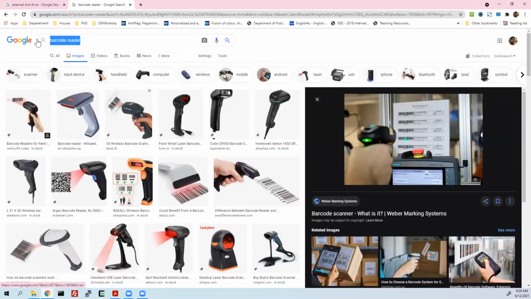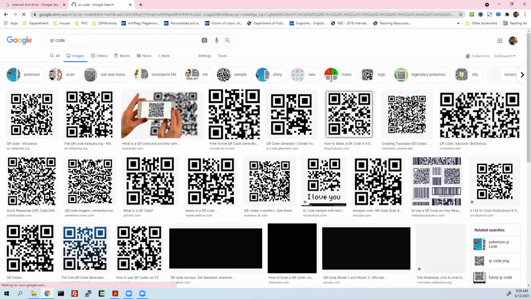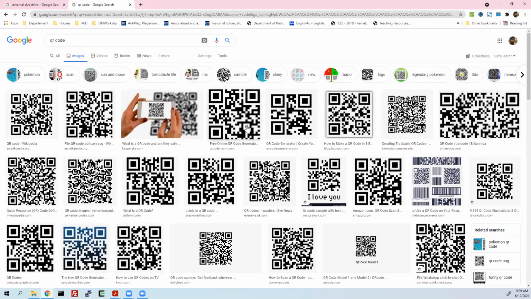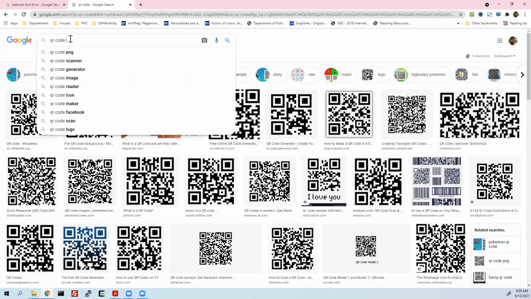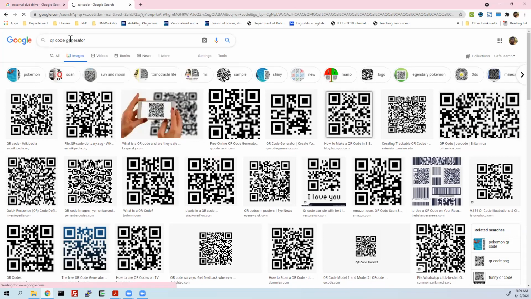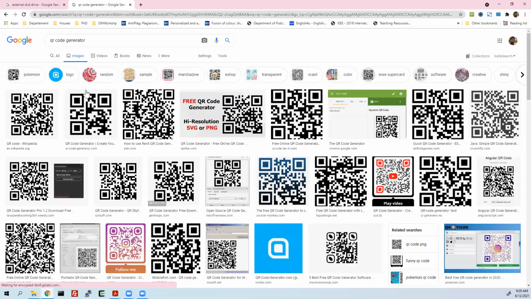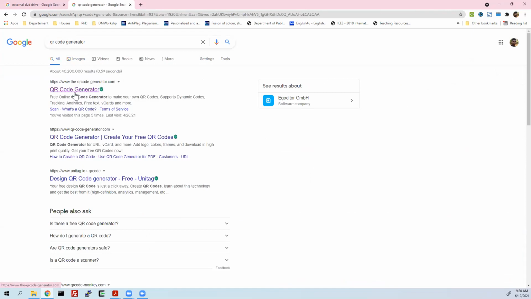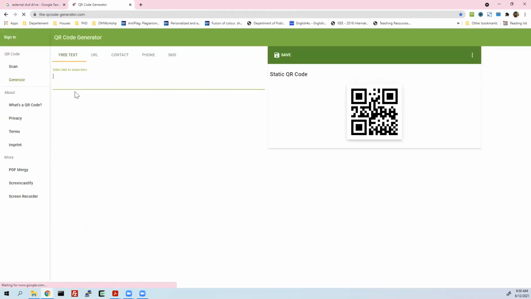Then we have QR codes. Something like this. With a QR code, you can have a lot of information, like your name. Now, if you go to QR code generators, there are free online QR code generators. So you can go there and select one of the services, right?